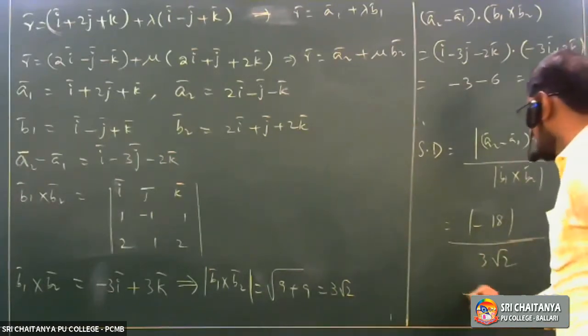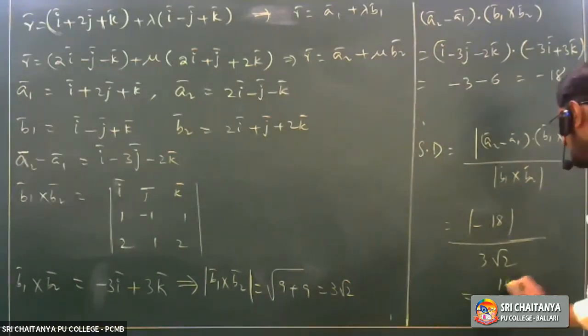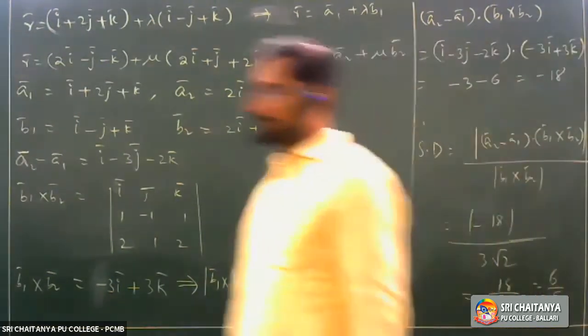Understood? You can write that as, see, this is negative, and distance should not be negative. Now it is 18 by 3 root 2, which is equal to 6 by root 2. Even if you want, you can simplify this, otherwise you can keep it as it is. Copy this one.